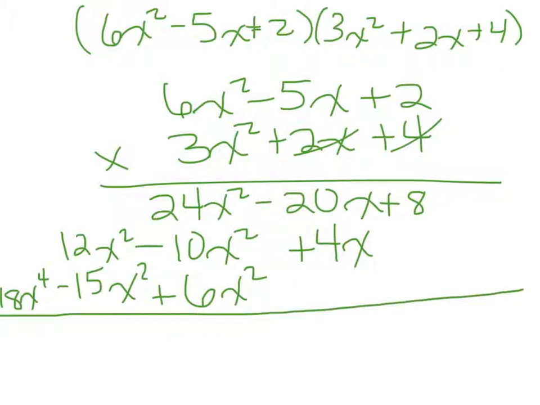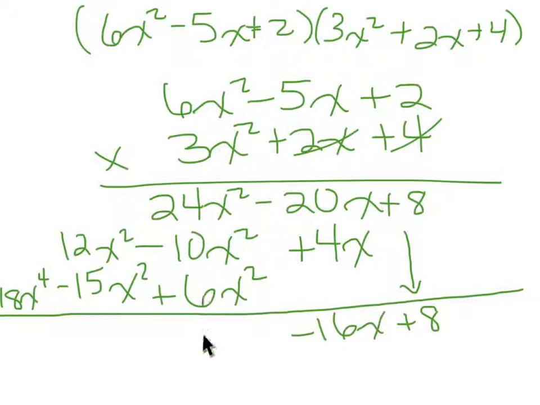Make sure you keep your columns straight. So this is a positive 8 all by itself. There's nothing else in this column, so we're just going to drop this down and make it a positive 8. This negative 20x and positive 4x are going to stay together, and we are going to add them and get negative 16x.